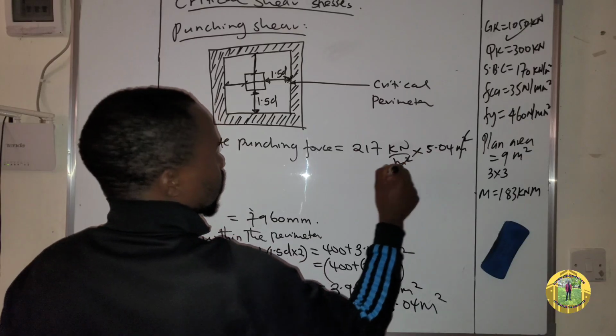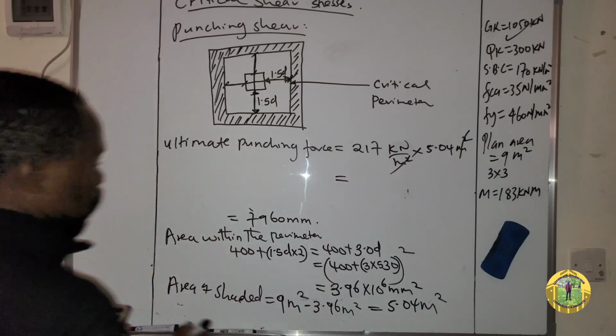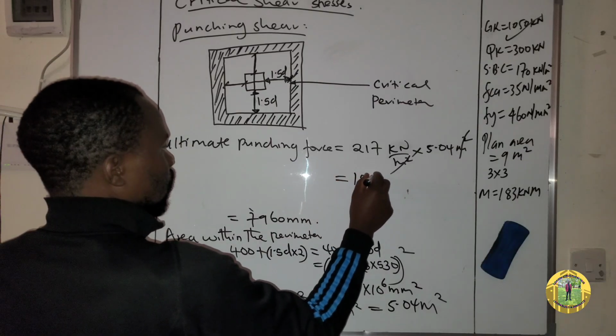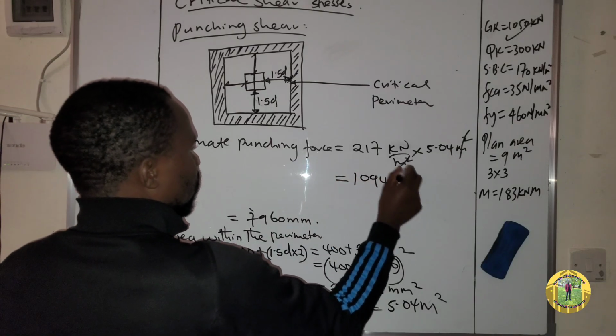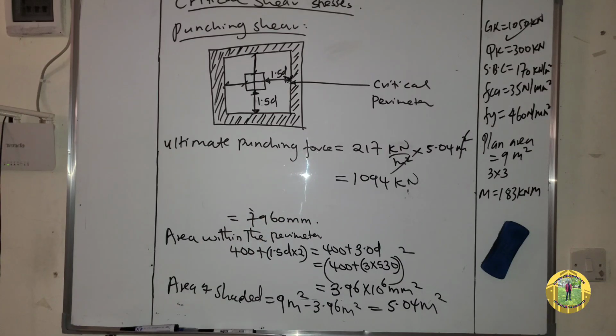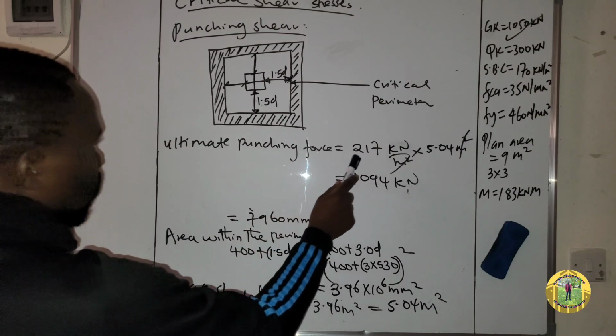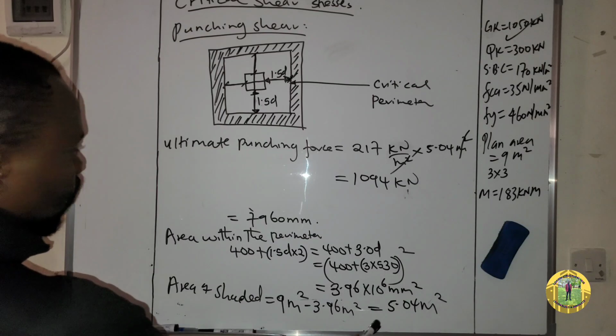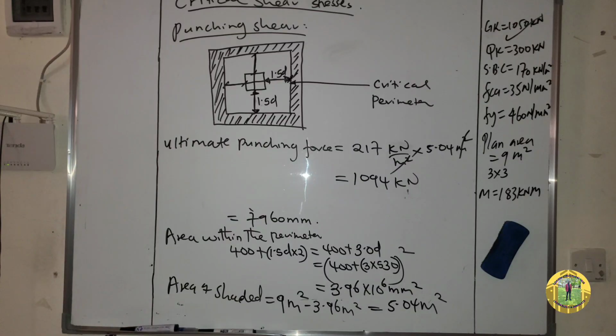So this will cancel with this. So this one is equal to 1094 kilonewton. So this is the ultimate punching force. The earth's pressure times the area of the shaded part, which is 5.04, and then you get 1094 kilonewton.